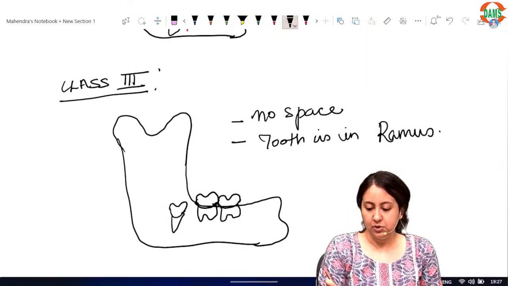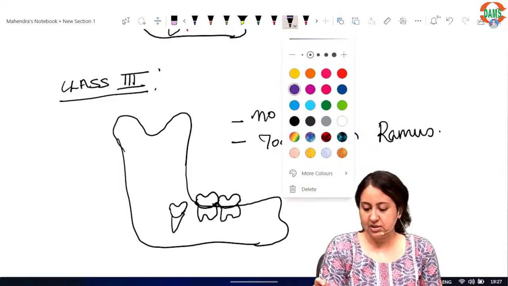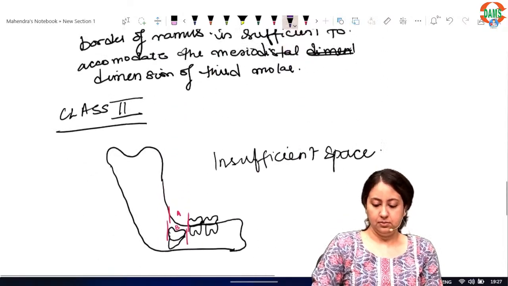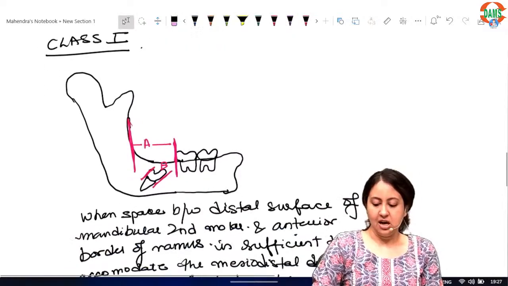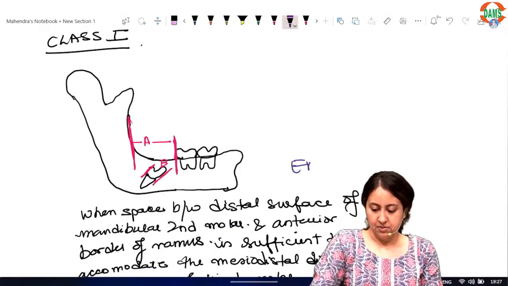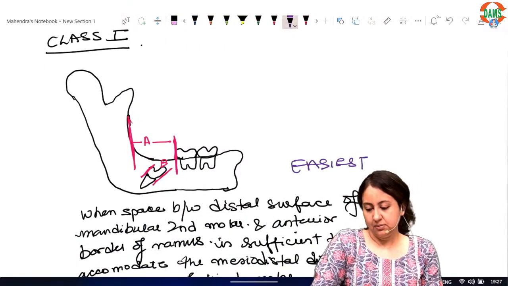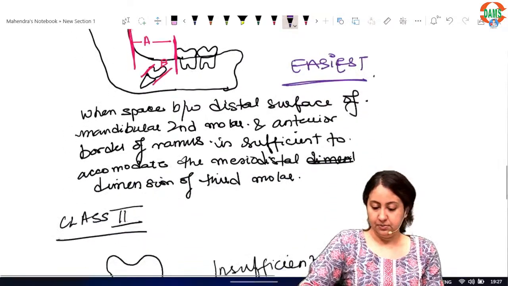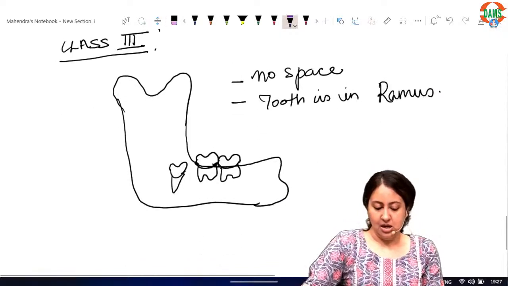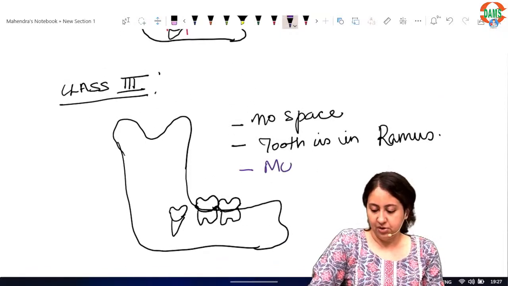So now we will quickly go back and we will see that class 1 is the easiest, and class 3 is most difficult.